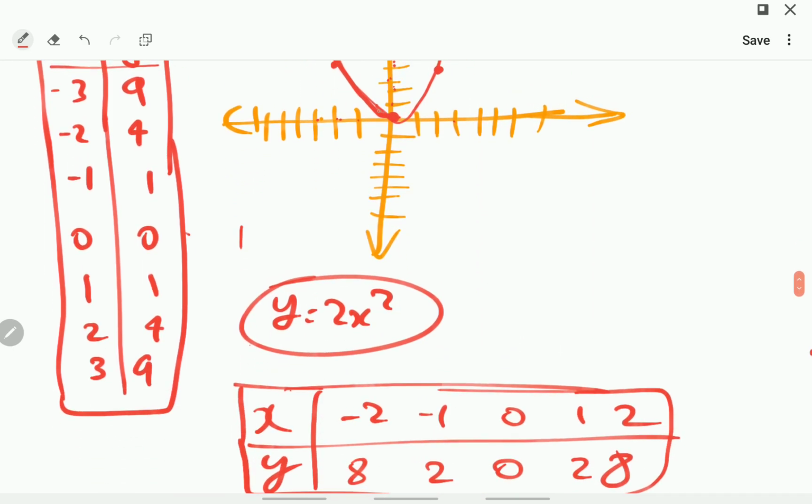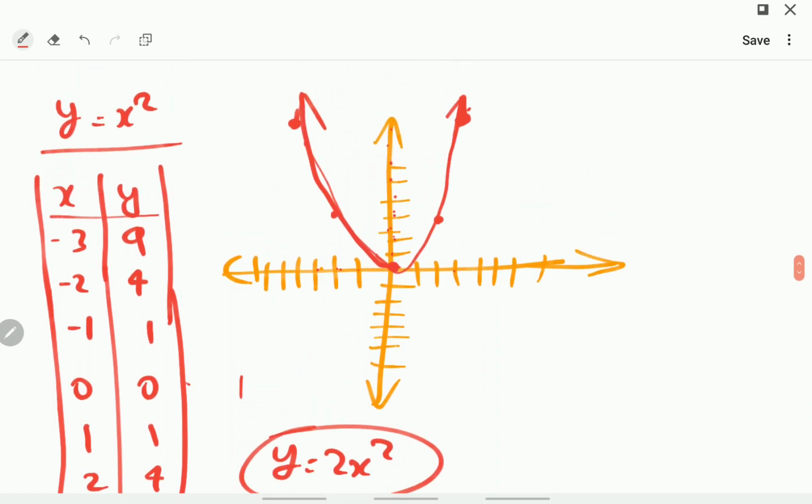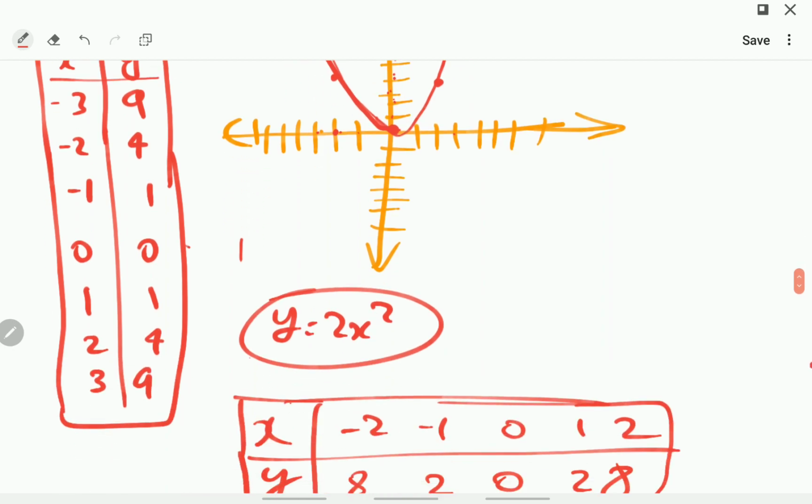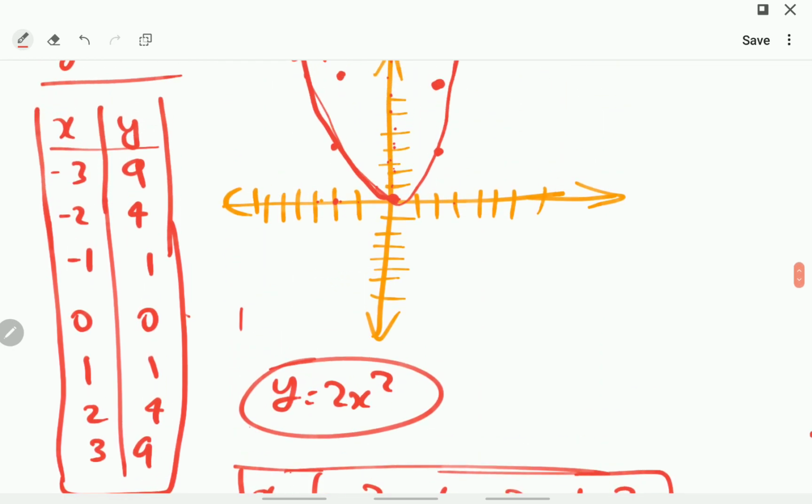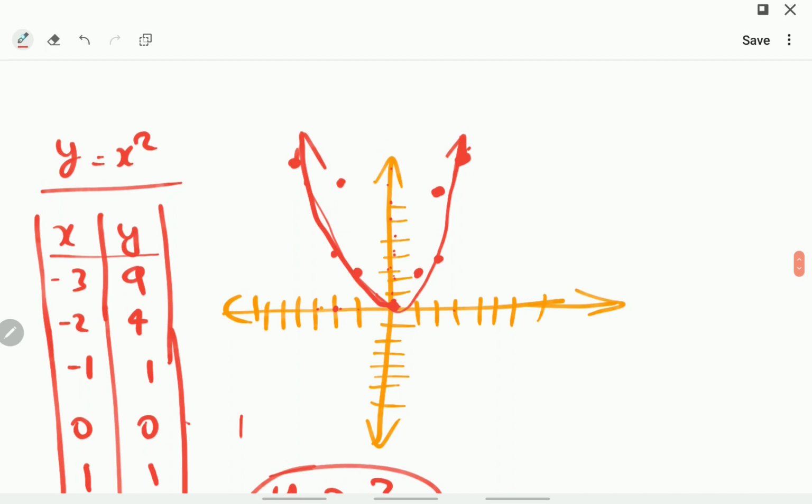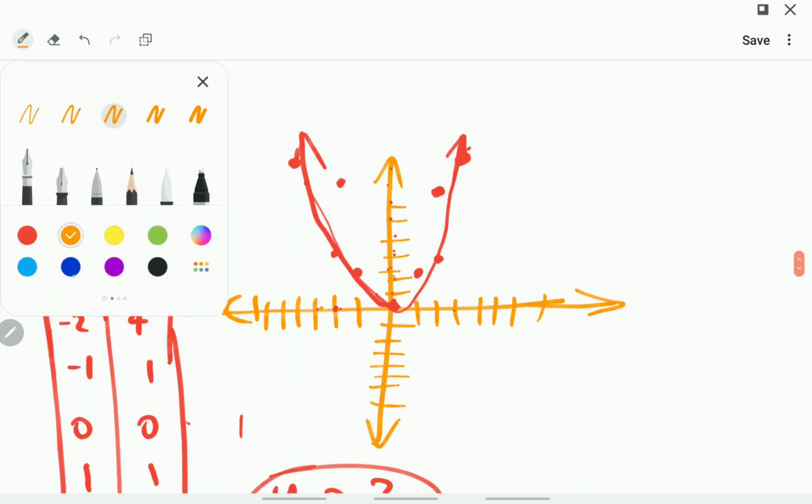When x is -2, the corresponding value is 8 up here. When x is -1, it's a 2, and that's 0.